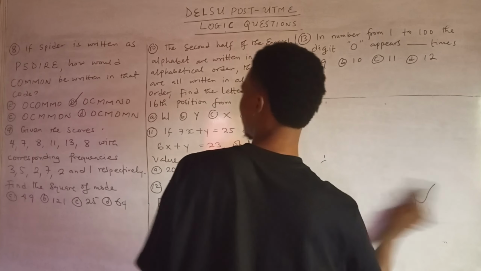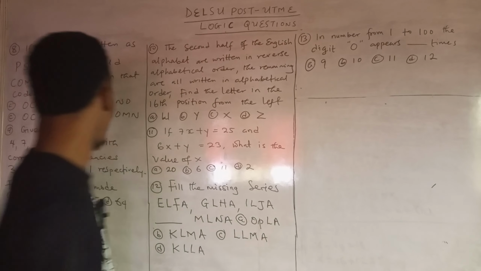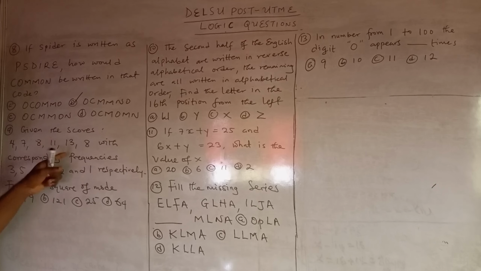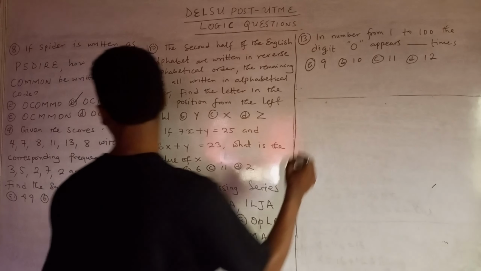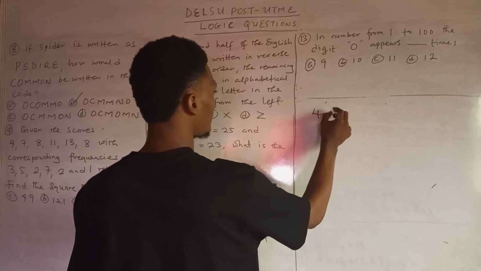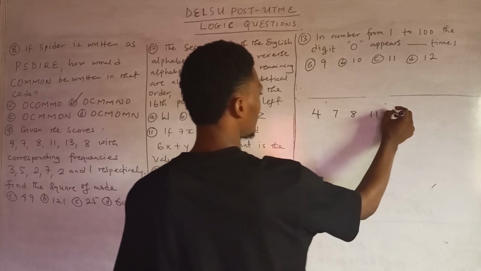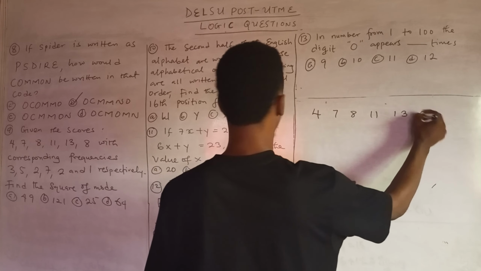So the question 9. Given the scores 4, 7, 8, 11, 13, 8 with corresponding frequencies 3, 5, 2, 7, 2, and 1 respectively, find the square of the mode. So let's bring the values out. 4, 7, 8, 11, 13, 8.